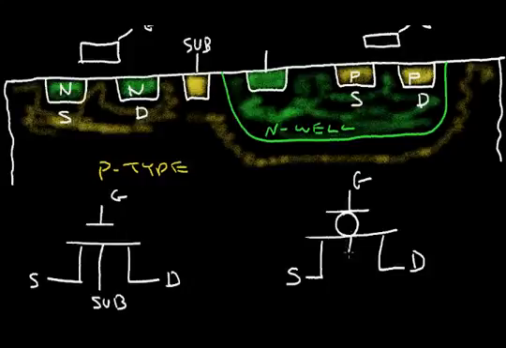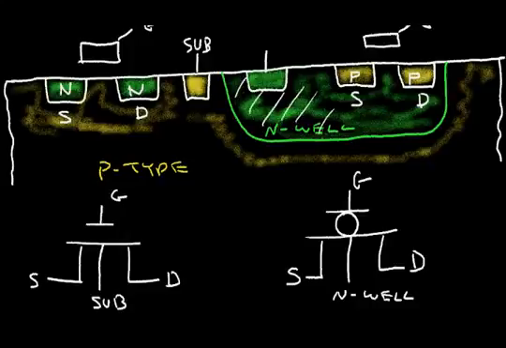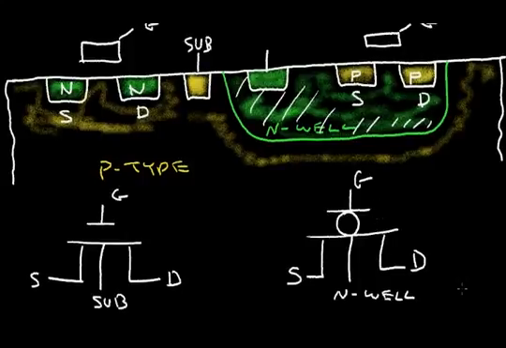And there is a fourth connection, which is the N-well connection. So that is this region that holds the PMOS transistor. In a future video, we'll go into more detail and explain the detailed operation of the NMOS and PMOS transistor.